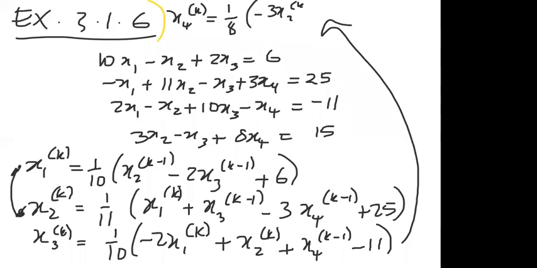So in this case, it will just be k because I've already found x2^(k). Okay, and then the other one will be plus x3. This one will also be x3^(k) because from the third equation, I will have found x3^(k). And then lastly, I have the constant, which is 15. So I'll be using these 4 equations to generate that sequence. And then I'll be able to find the approximation for each value of k.